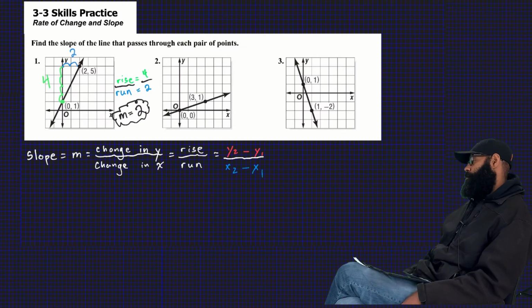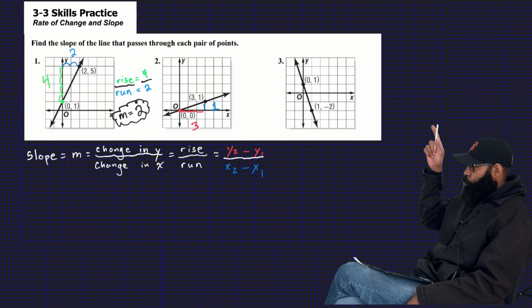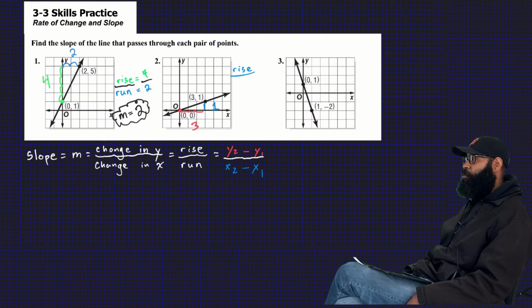Bam! All right, guys, for number 2, I can count with my eyes and with my pen: 1, 2, 3. So I run 3. Now, do I rise or do I drop? I rise, so I'm going up 1. I'm done. I haven't used that formula yet.